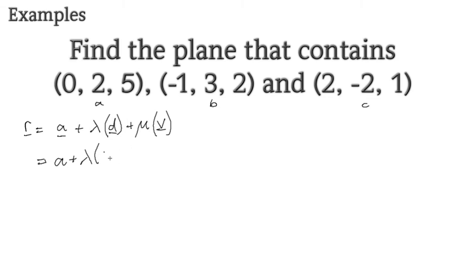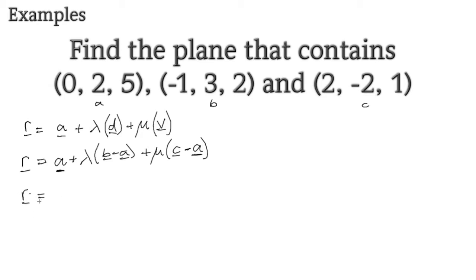So let's do that. I'll take B take A as D, add another arbitrary mu of, I'll take C take A, so this is also a vector equation. Now we want to break this whole thing into a Cartesian description.